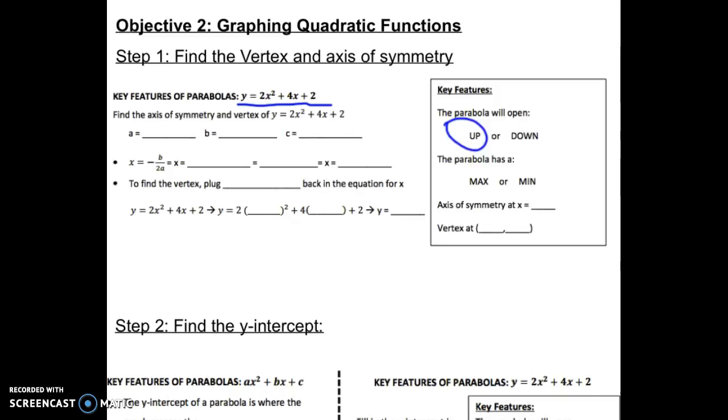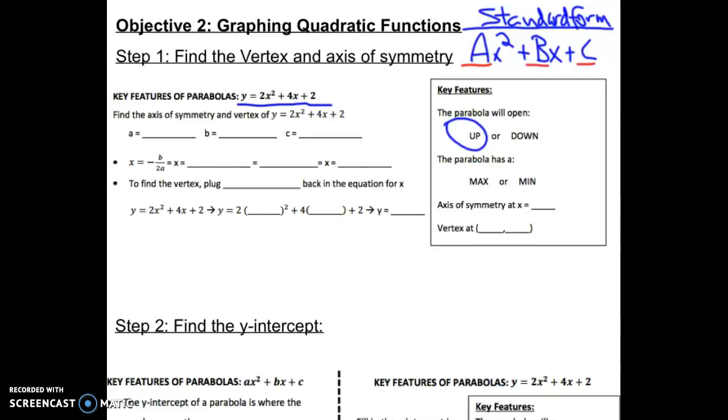The first step always when doing this, no matter what, if you're factoring or if you're trying to draw a graph, is to identify the a, b, and c terms based off of, I'm going to write it up here, remember standard form. Standard form is ax squared plus bx plus c, where a, b, and c are all coefficients or numbers.